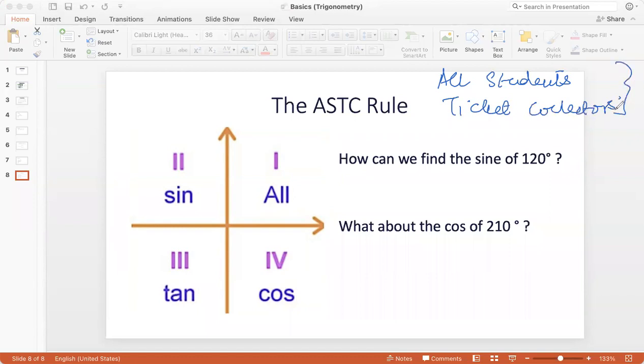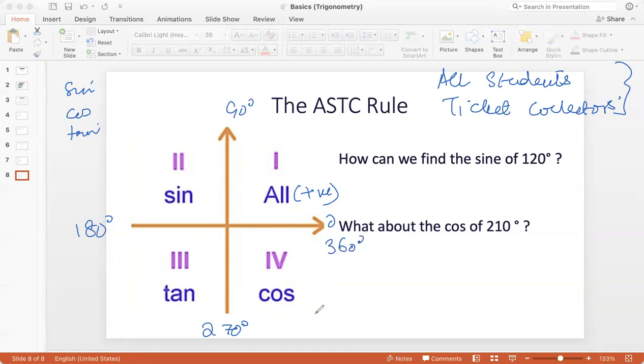That tells me that in the first quadrant between 0 and 90 degrees, all the ratios, sine, cos, and tan, all the ratios are positive. In the second quadrant from 90 to 180 degrees, only sine is positive. In the third quadrant from 180 to 270 degrees, only tan is positive. And in the fourth quadrant from 270 to 360, only cos is positive.